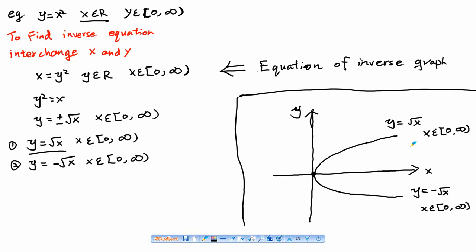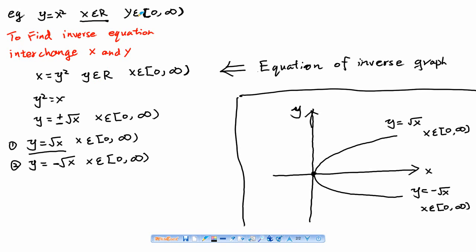So what I can say is, to find the mathematical equation of the inverse graph, just interchange x and y, and also the domain and the range. After the interchange, the important thing is the domain of the original graph becomes the range of the inverse graph.